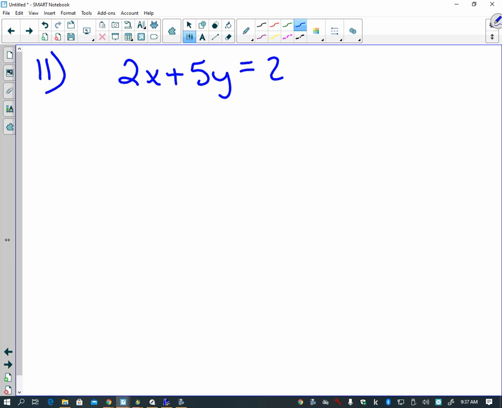Y equals negative 2x minus 6. Solve through substitution. Random numbers here, so I don't know how this comes out. I got two people always got their hands up. Great, thank you guys. All right, Cole, go ahead.